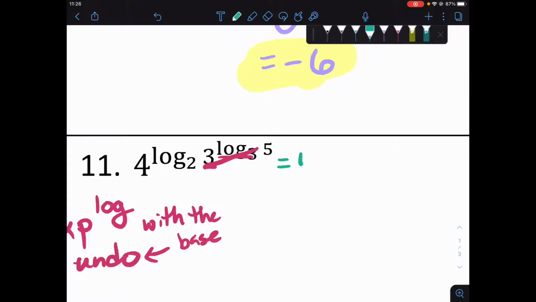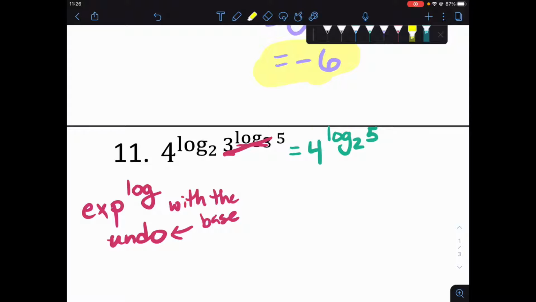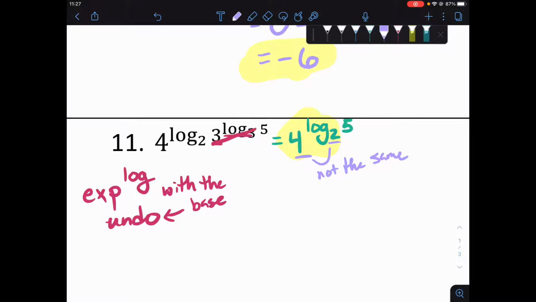And so we've got 4 to the log base 2 of 5. I would say this is one of the trickier ones. If we wanted to do the same thing that we just did here, that would be great. The only problem is that 4 and 2, those bases, are not the same. But if you remember an exercise we did earlier this unit, we maybe want to change them to be the same.